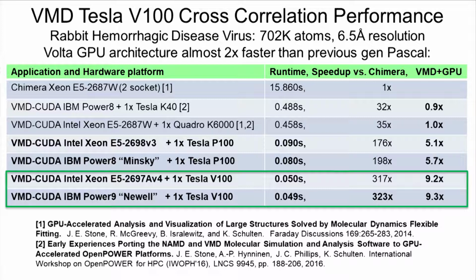These are some examples running on machines that are similar to the node architecture of Summit. Compared to normal software, this is in the hundreds of times faster. Compared to our own code, the latest versions are now about 10 times faster than what we did just about 3 years ago. So that's very exciting.